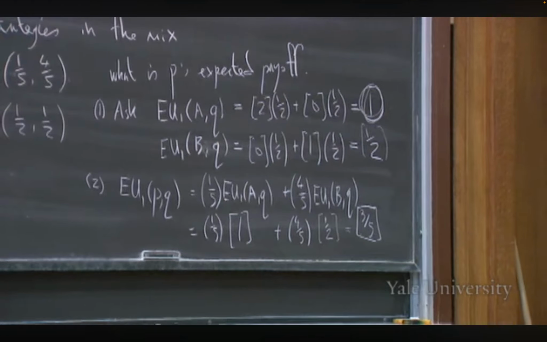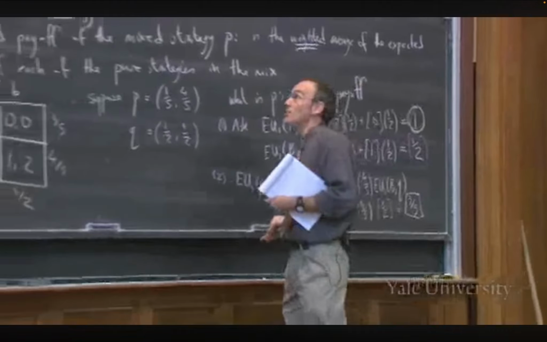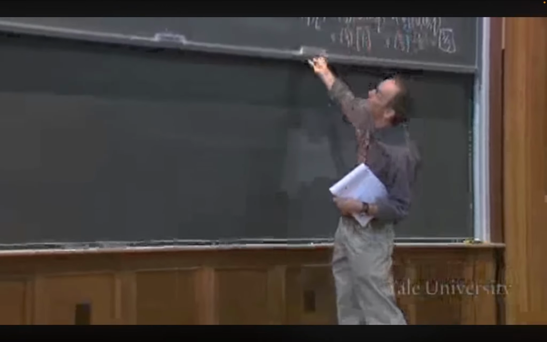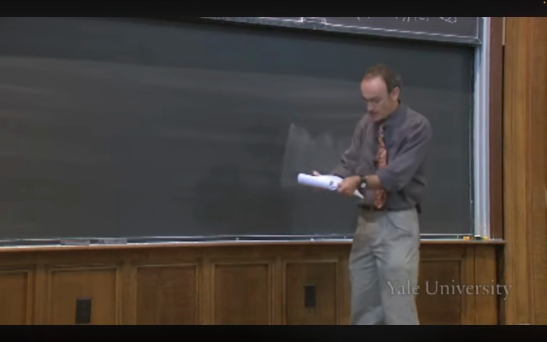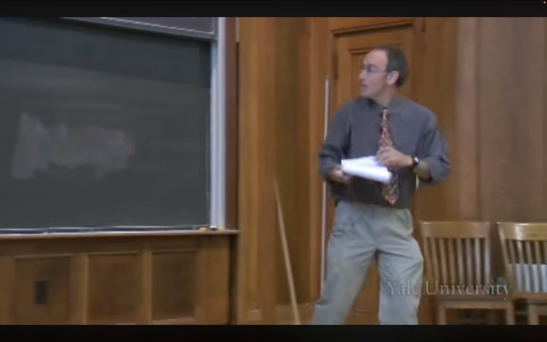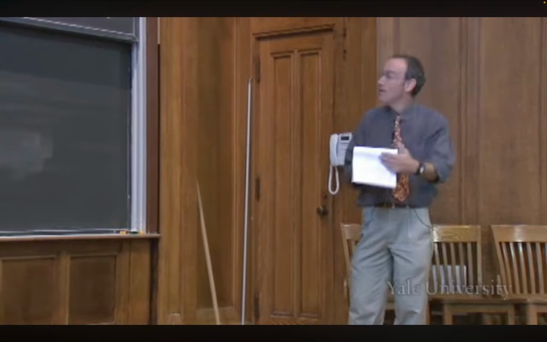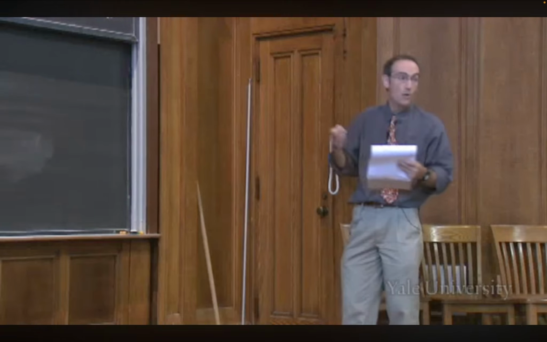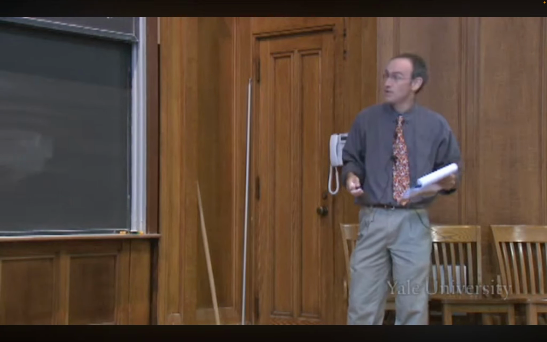Now that's a simple but very general and very useful idea, it turns out. The idea here is that the payoff I'm going to get must lie between the expected payoffs I would have got from the pure strategies. Let me say it again.